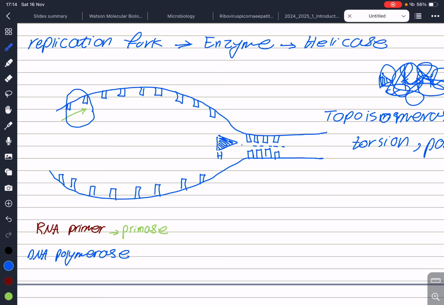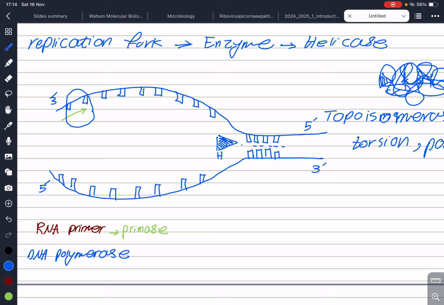In which direction will the nucleotides be added to the DNA? Let's talk about this. DNA molecule is antiparallel. What does it mean? It means that when it is 5' here, the other side of the molecule is 3'. When it is 5' here, the other strand will be complementary, so the other side will be 5'.